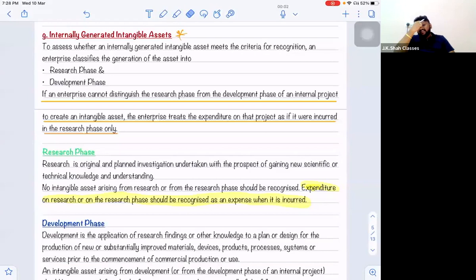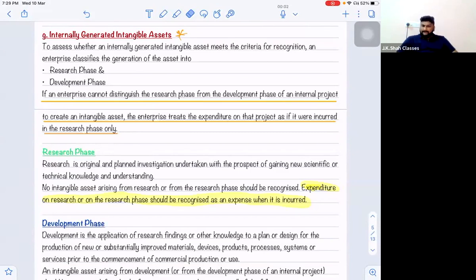Even if any intangible asset arises in the phase of research only, without doing development, still it cannot be capitalized in the books as an intangible asset. It has to be written off in the profit and loss account.